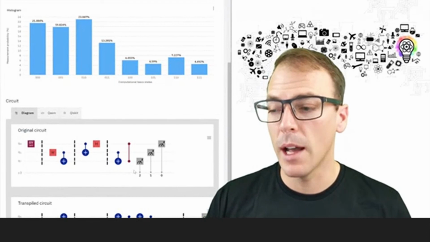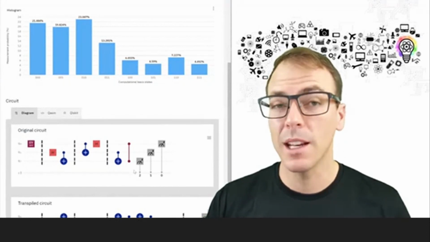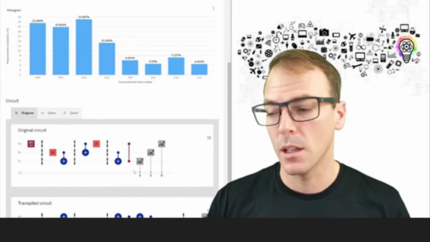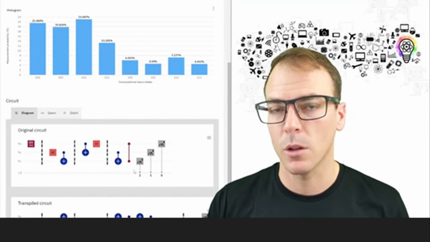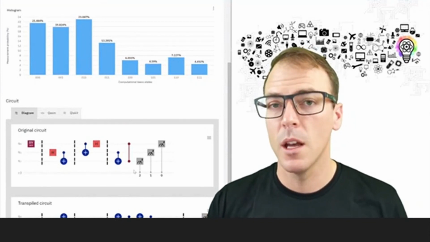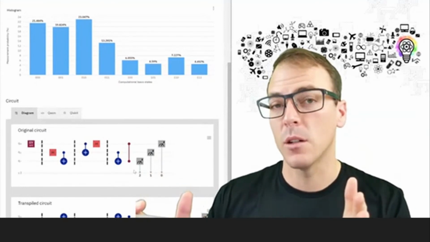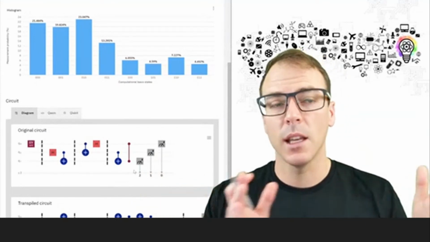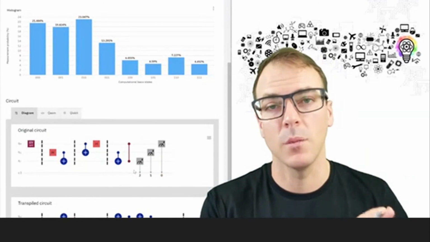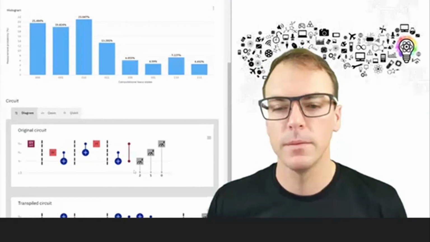So now I have 1024 states, and I can do these multiple measurements, these two different kinds of measurements in your question, by taking the first half and measuring in the 0, 1 basis, and taking the second half and measuring in the plus minus basis.